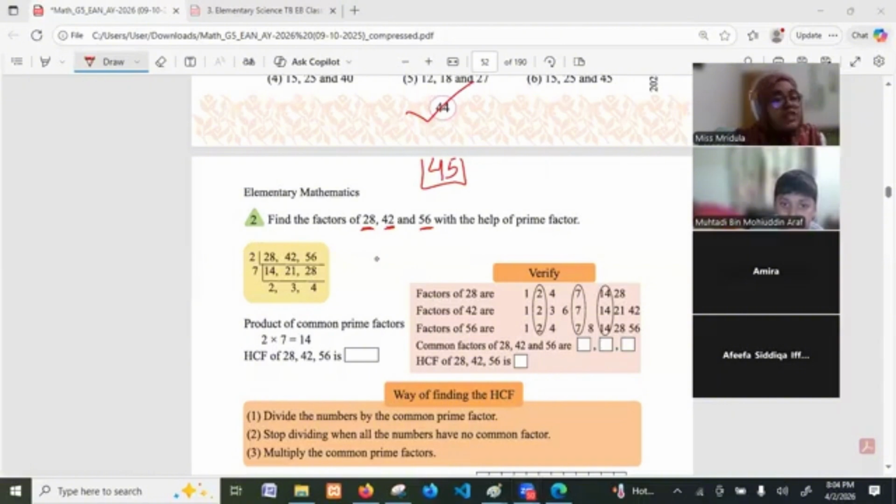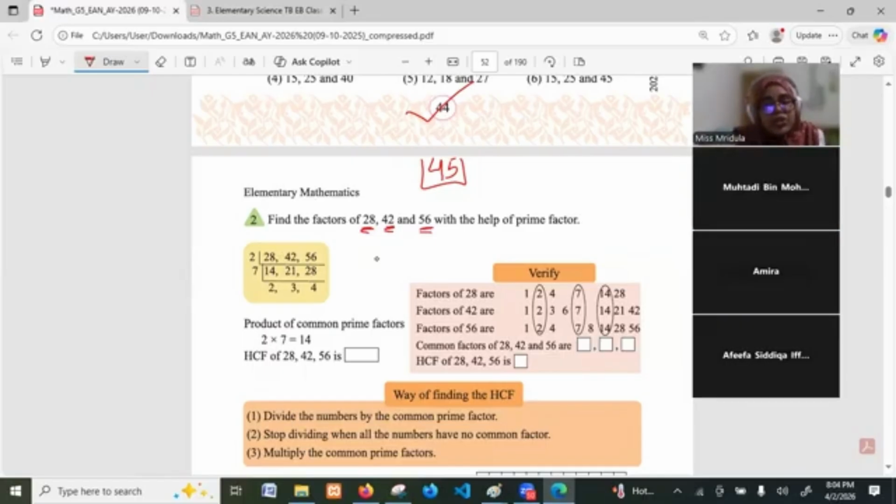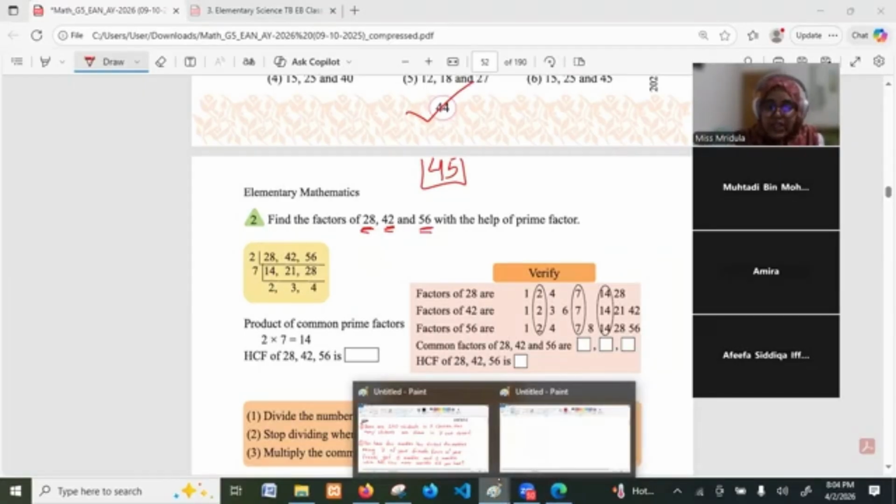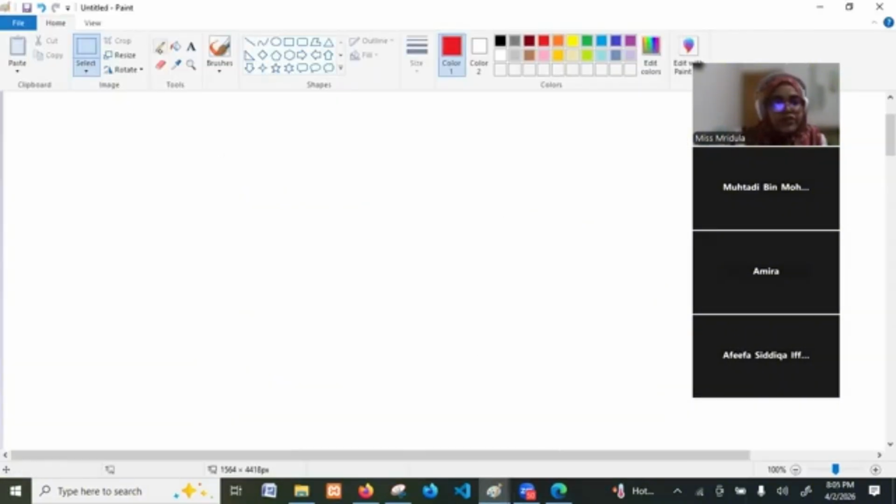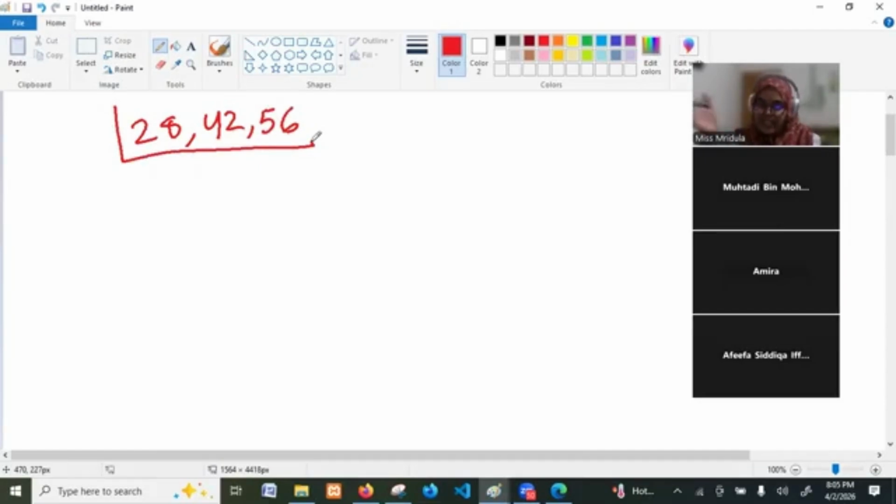Okay, so what I was telling is, first of all, I will remind you how to do the LCM of the same numbers that they have given. And at the side of it, I will be showing you how to do the HCF. So let me do it. We have 28, 42, and 56. If you remember, we need to use the stair method.